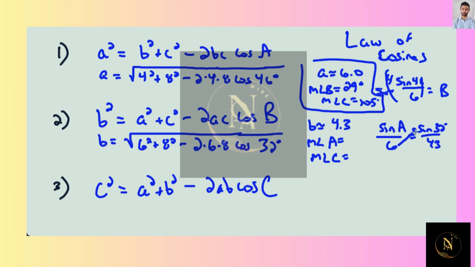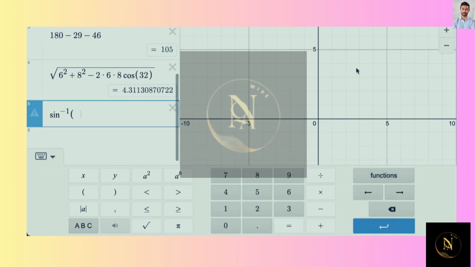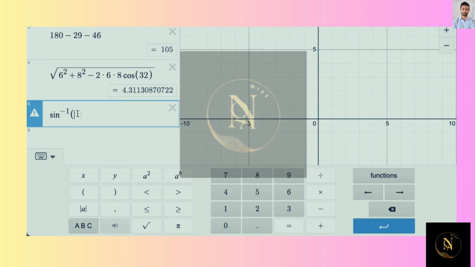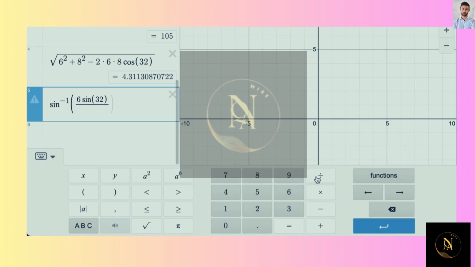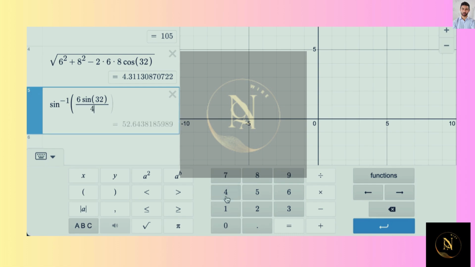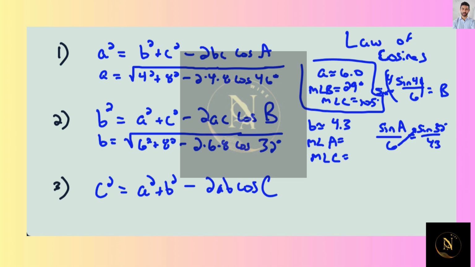And so you would do the inverse sine of 6 sine 32 over 4.3, which is, to the nearest degree, 48 degrees.